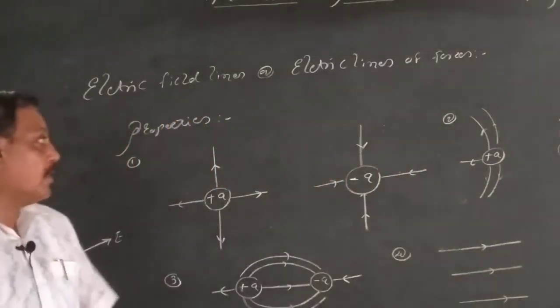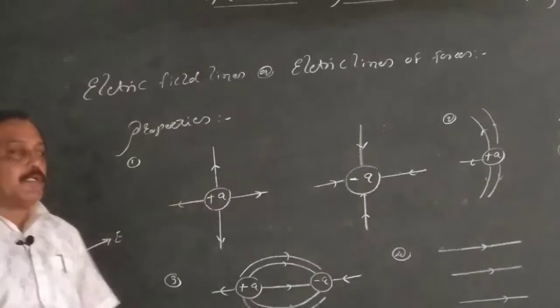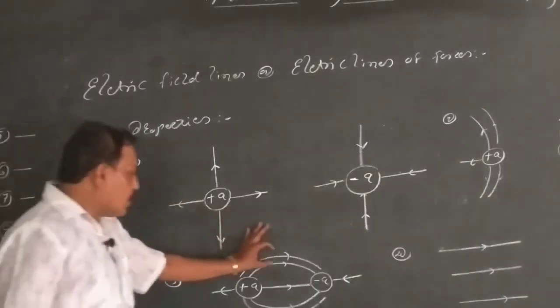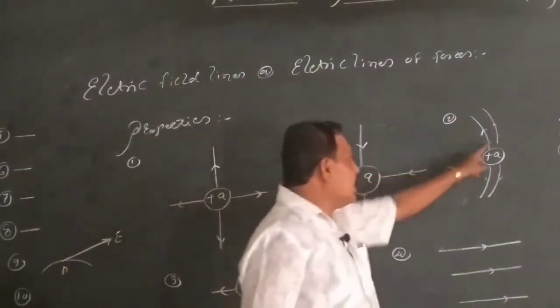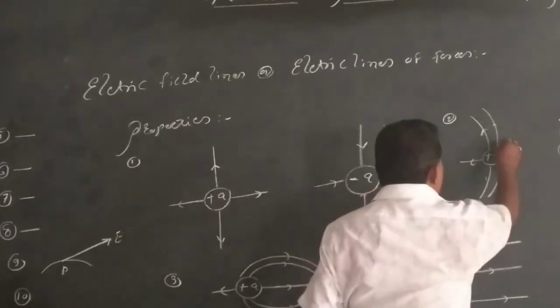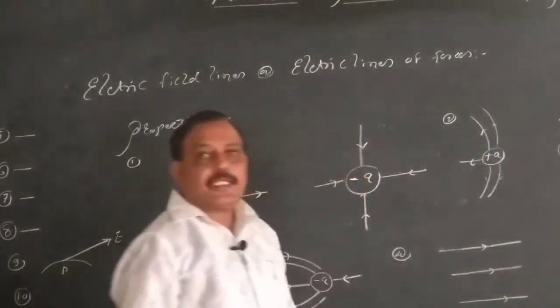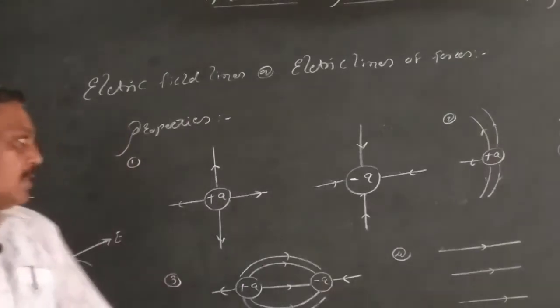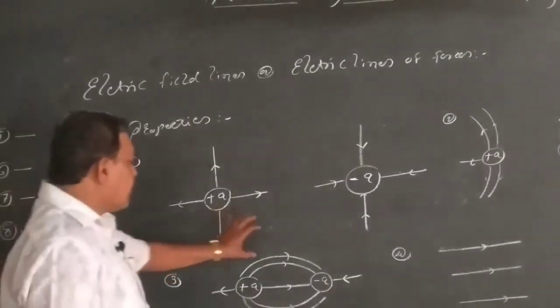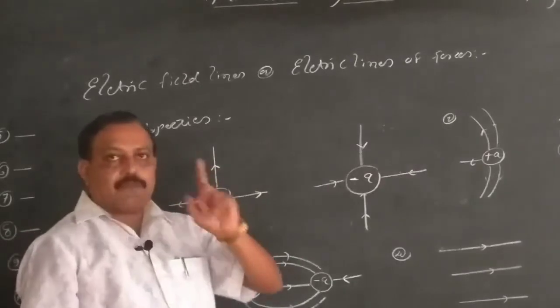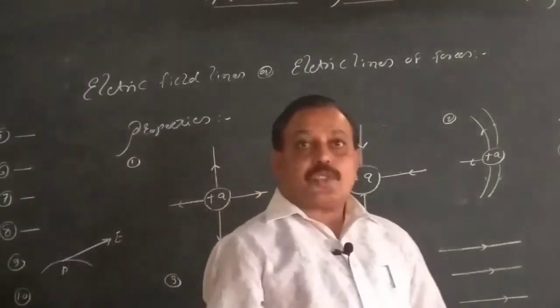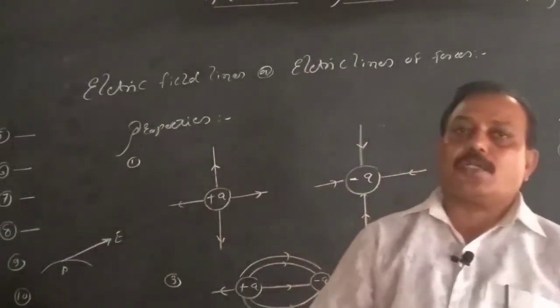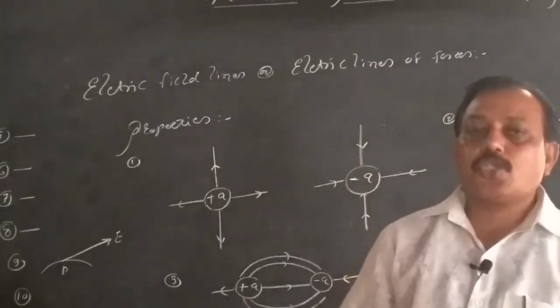Then by seeing the figure, we can make one more property. Whatever may be the closeness of the electric lines of forces, they never intersect each other. Next, the closeness of the electric lines of forces: if they are crowded, that indicates the electric field is strong.